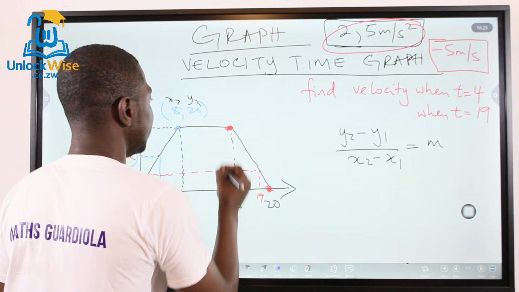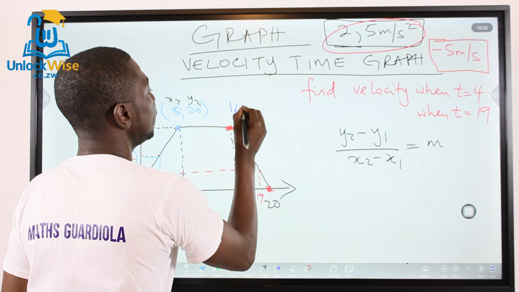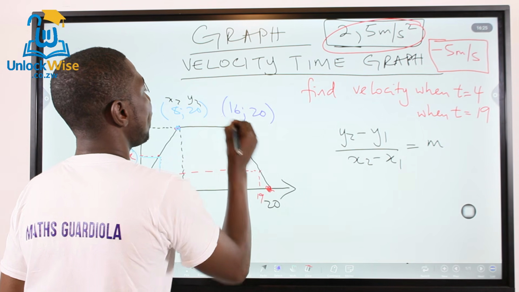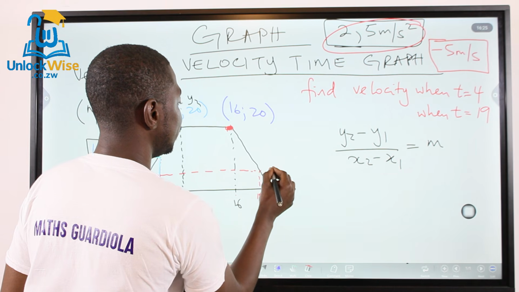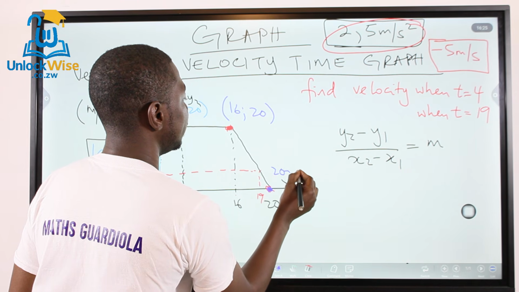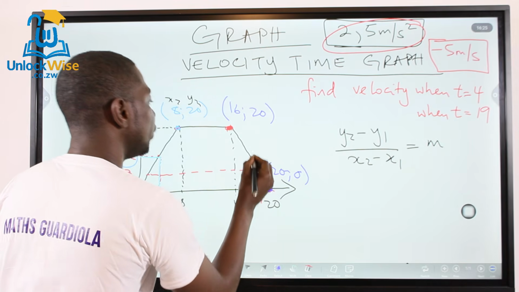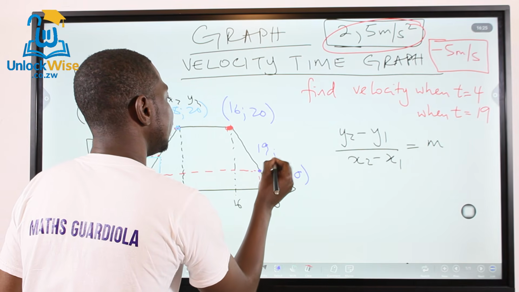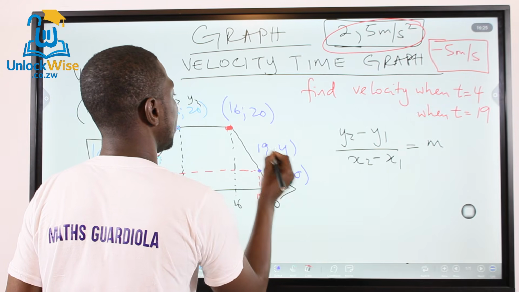So this point is going to give us 16 and 20. And this point is actually 20 and 0. But we want this point now, which is 19 and a value we don't know. Let me call this y.